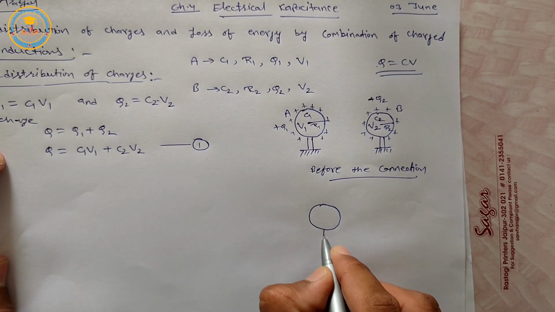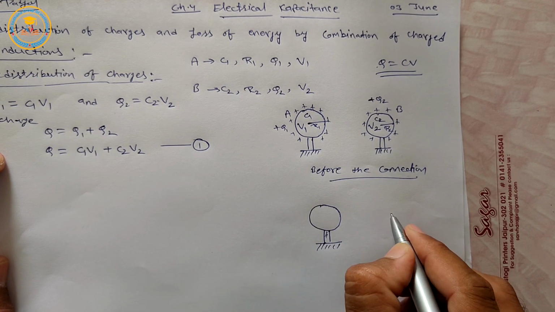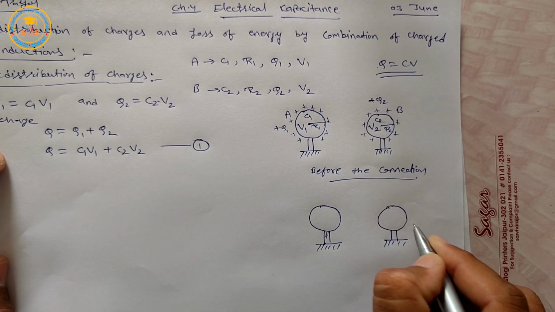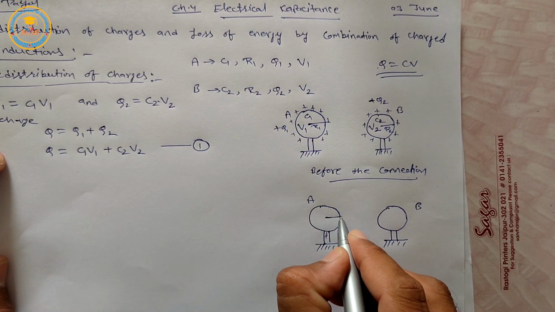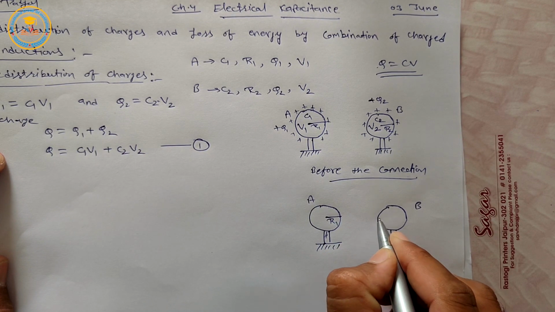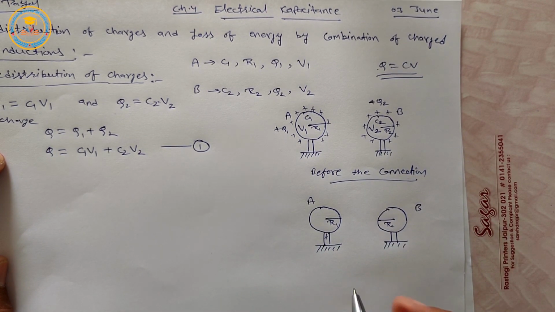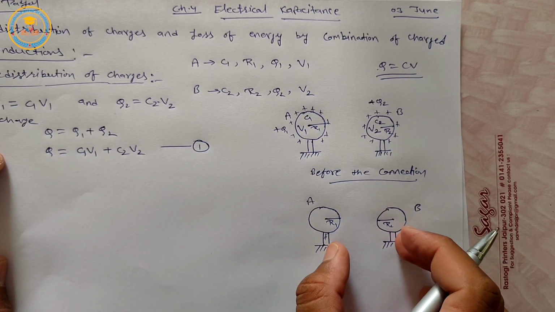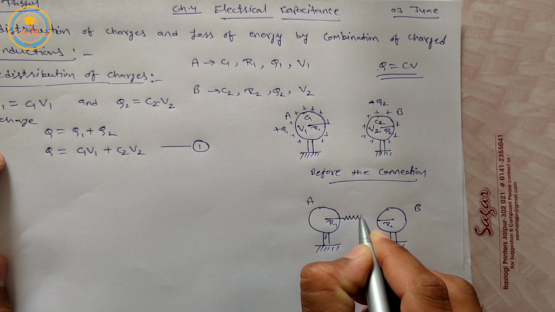This is conductor A and this conductor is B. The radius of this conductor is R1 and this is R2. Now both of these conductors are attached by a connecting wire.